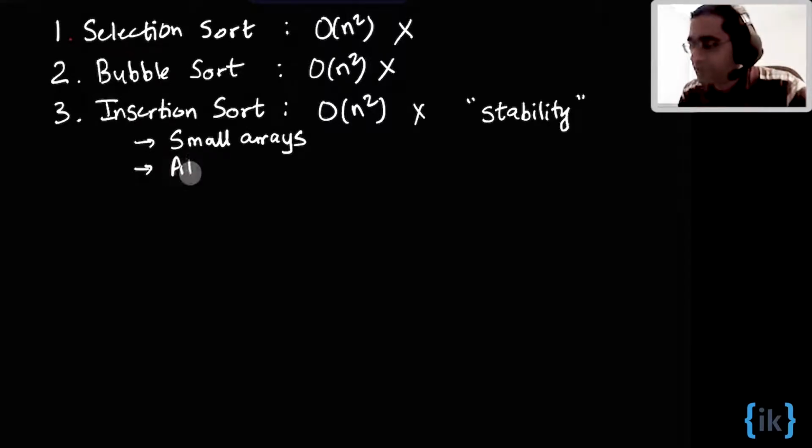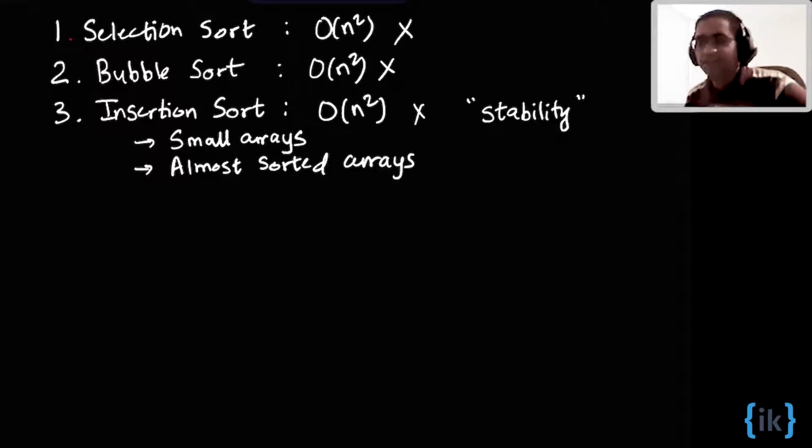Another scenario is if your array is almost sorted. Maybe the array size is quite big, but only a few elements are out of order. Let's say 5 elements are out of order. In that scenario, when you use insertion sort, it would end up doing work only on those 5 elements that are out of place.